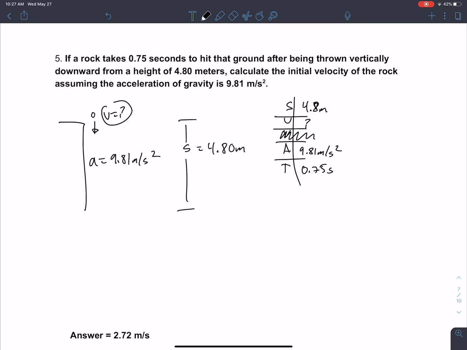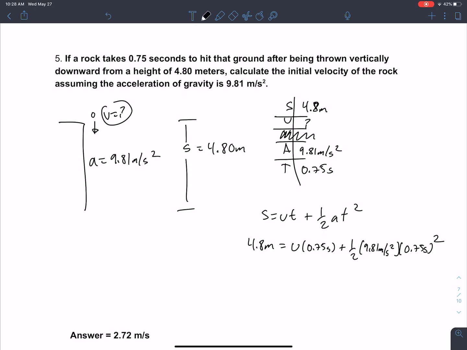Okay, let's see which formulas we can use. We have S equals UT plus 1/2 AT squared. Now that would be an interesting problem. We can definitely put that together to solve for U. That's probably what we're going to do. So S is equal to 4.8 meters, which is equal to U times 0.75 seconds plus 1/2 times 9.81 meters per second squared times 0.75 seconds squared.